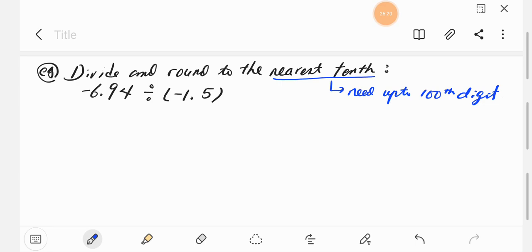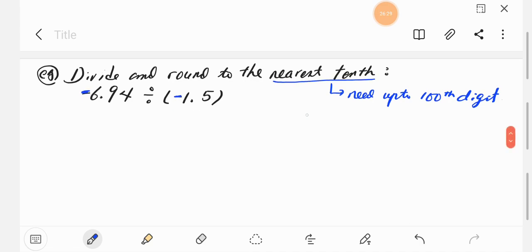Okay, so let's divide it. And then look at this. There are two negatives. Two numbers have the same sign, right? Same sign. So the quotient will be what? Positive, right? Quotient is positive.